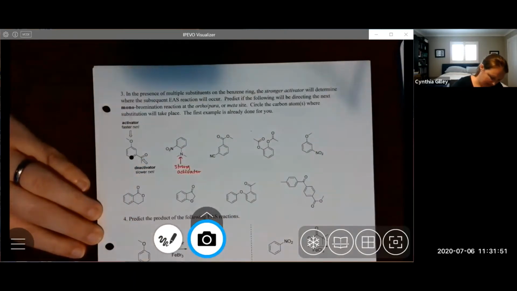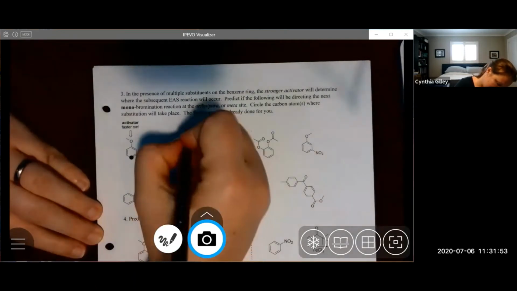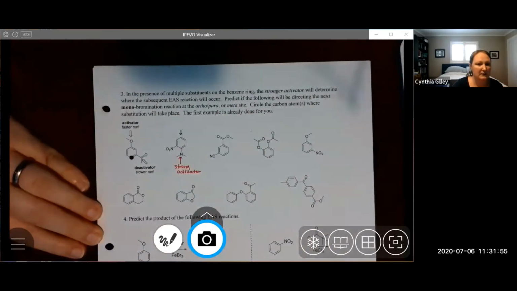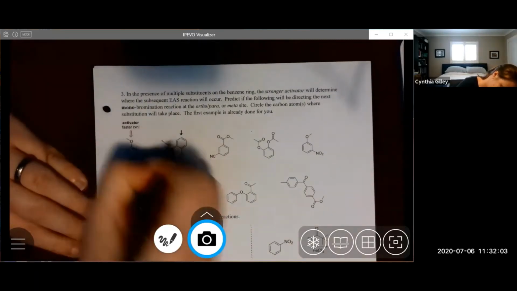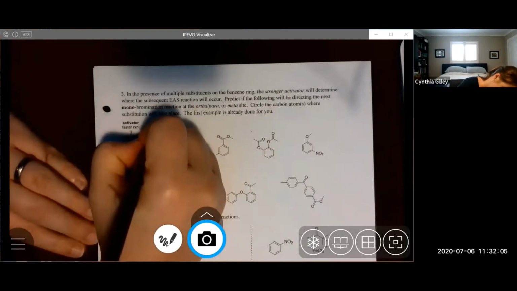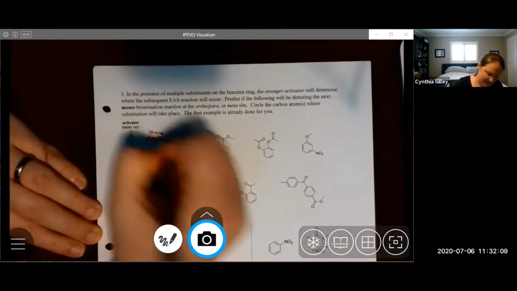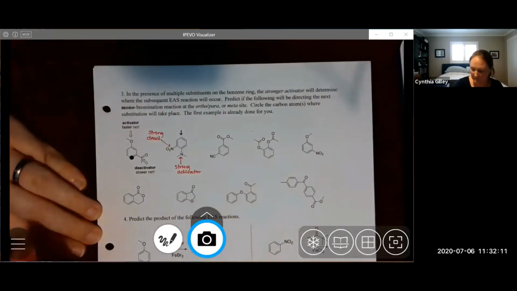Sometimes I like to put in a little arrow here, directed there. And then the nitro group is a strong deactivator, which means it will go meta.